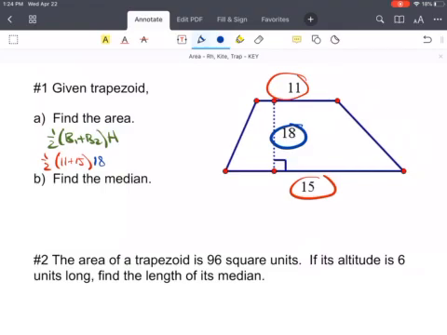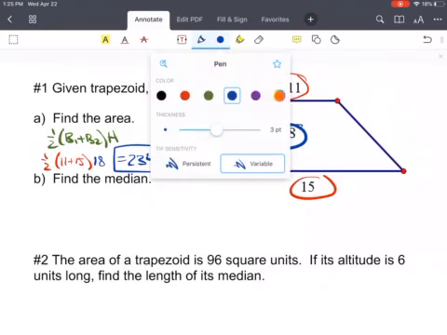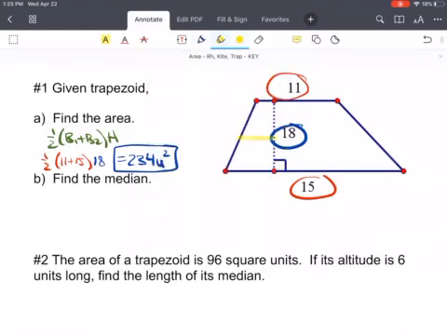So half of 26 times 18, and we're going to get 234 units squared. And then the median, remembering that that is the segment that is in the middle of the two bases. So in the middle of 11 and 15 would give us a median length of 13 units.